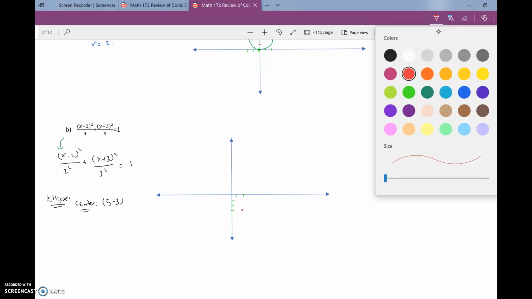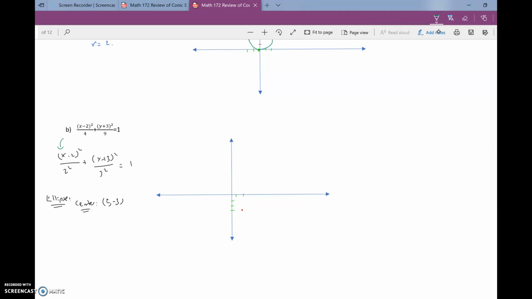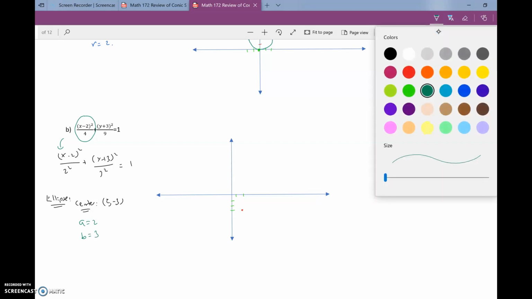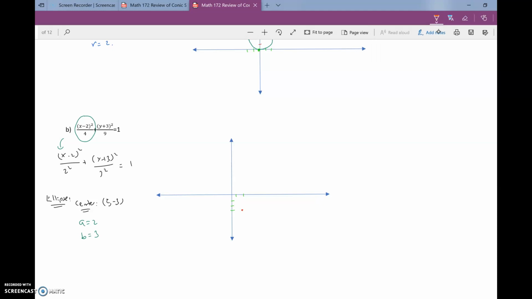That's there. And then since we're only doing a sketch, I'm going to be defining the constant underneath the x's as a. So in this case, a is equal to 2 and b is equal to 3. So from the actual center, we're going to go a values to the right.